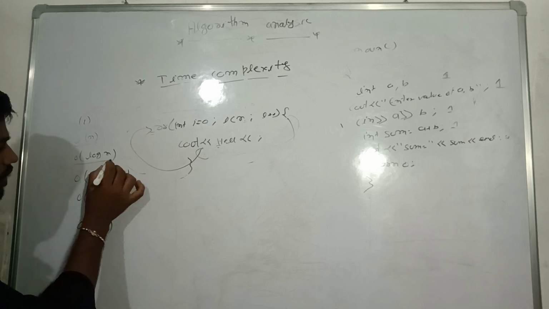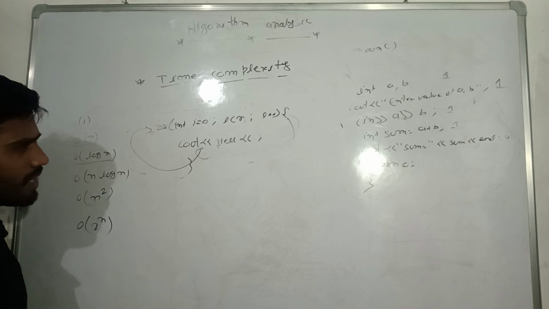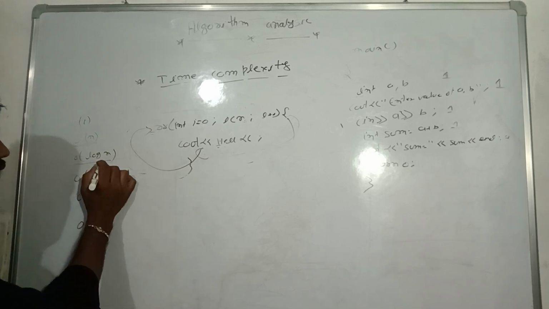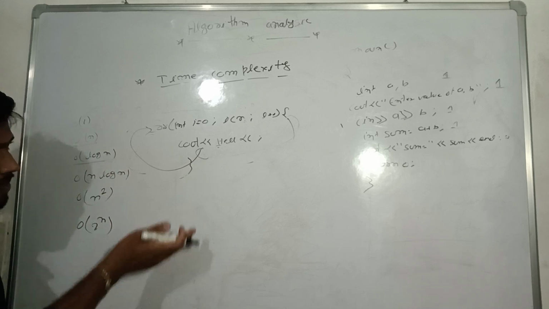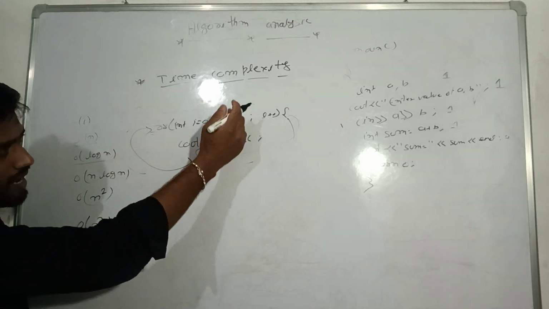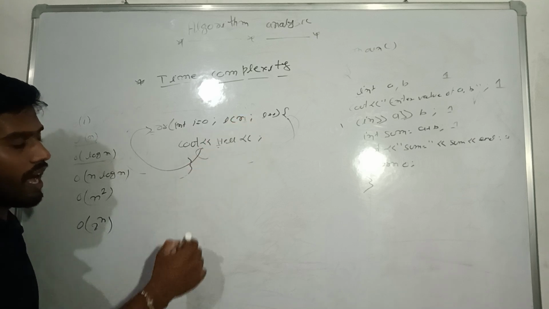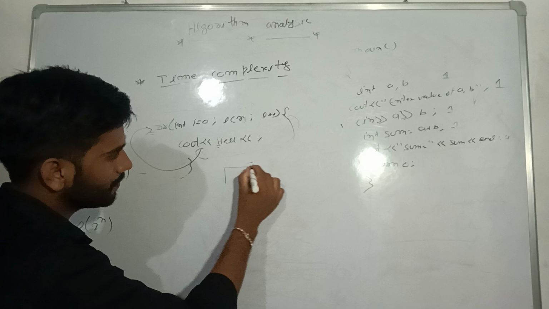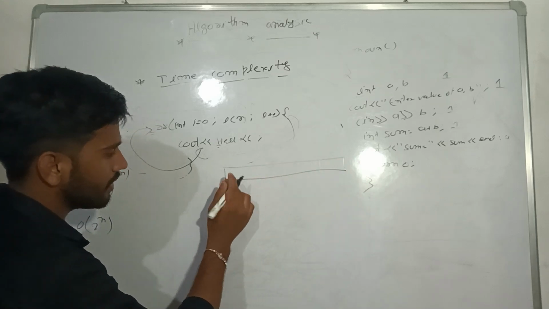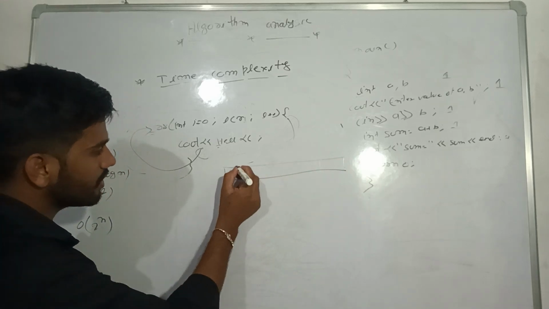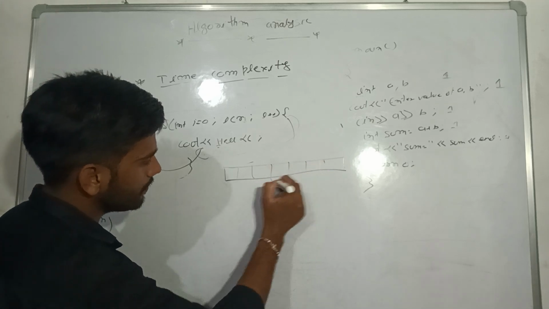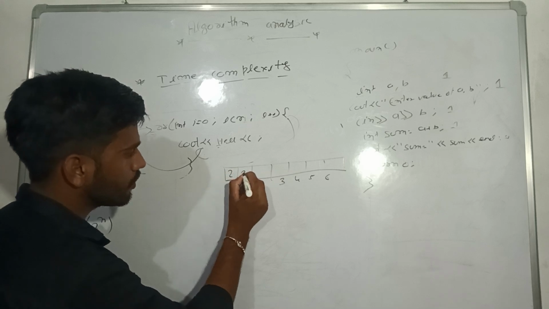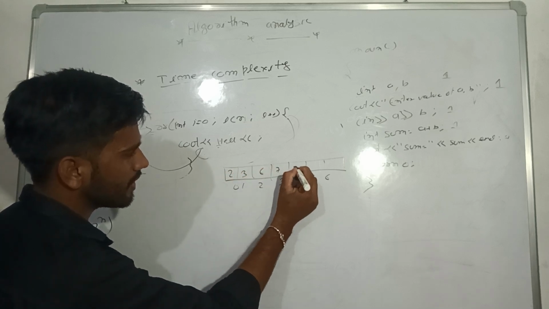And for order of log n, when we implement binary search, we will see log n, and it will be reduced. Suppose we are given an array with some data in it: 2 3 6 7 8 9 10.